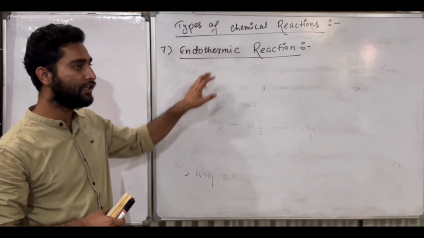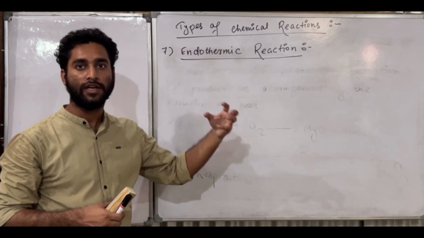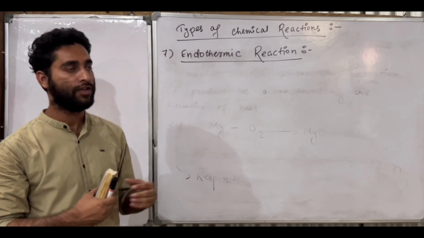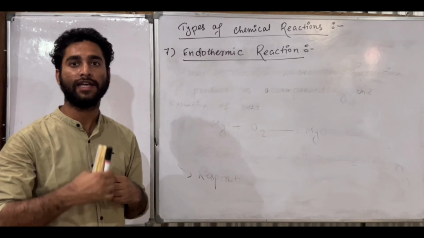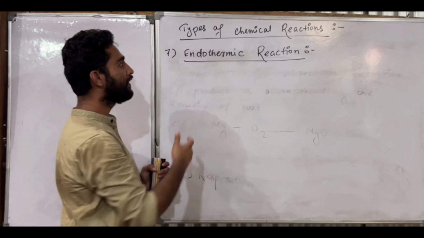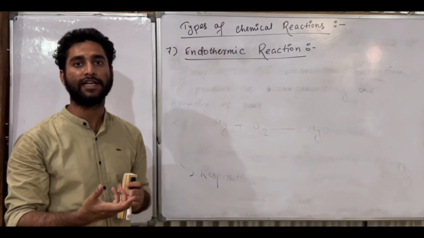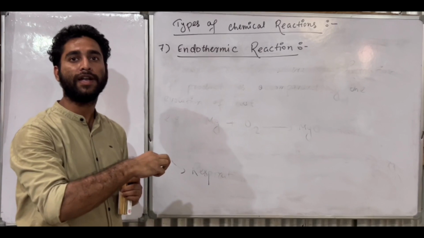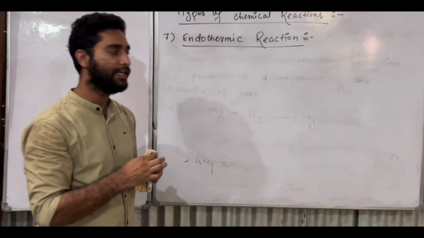But in this reaction, to carry out the reaction, the reactant needs heat. So the reactant will absorb the heat and the reactant will be broken down into products. So how can we define the endothermic reaction? It is a type of chemical reaction where the formation of the product is accompanied by the absorption of heat.